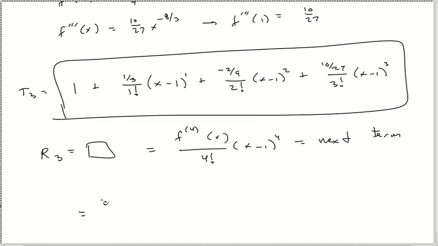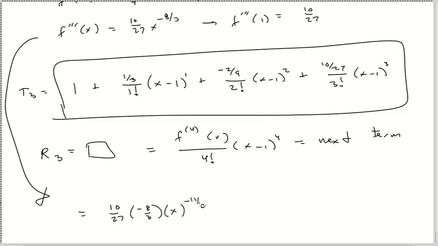So what's my fourth derivative? Just doing it again, the 8/3 comes to the front. And I'm not going to play around with this. We actually got 10 over 27, -8/3, x to the -11 over 3, all divided by 4 factorial, times x minus 1 to the fourth.